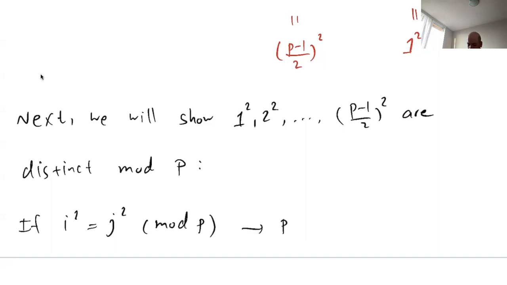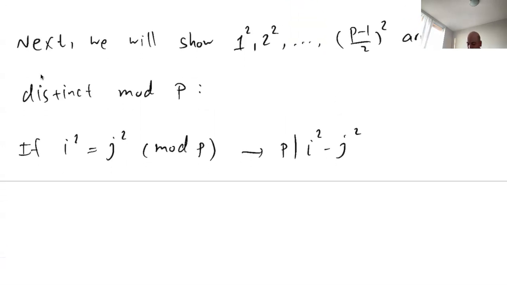Then that means p divides i squared minus j squared, right? Because then i squared minus j squared will be 0 mod p. And that means, which numbers are 0 in Zp? Multiples of p. So that means p divides (i minus j) times (i plus j).